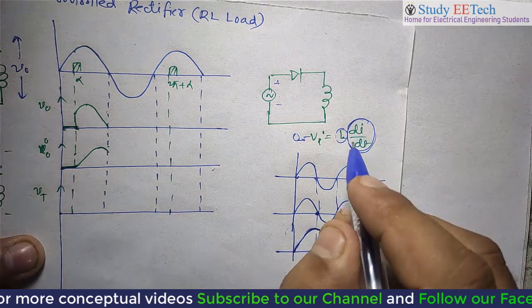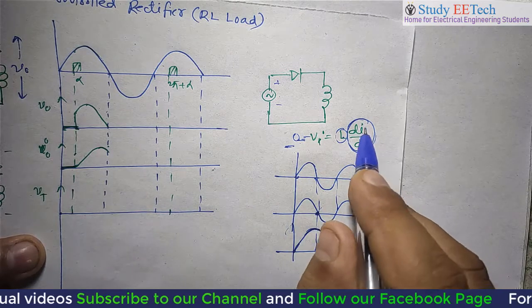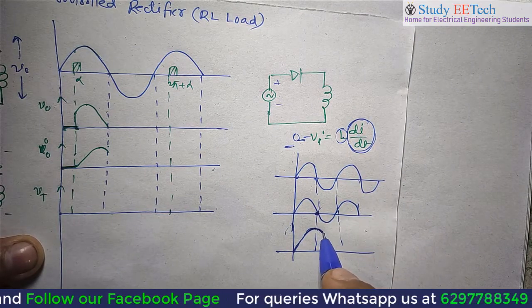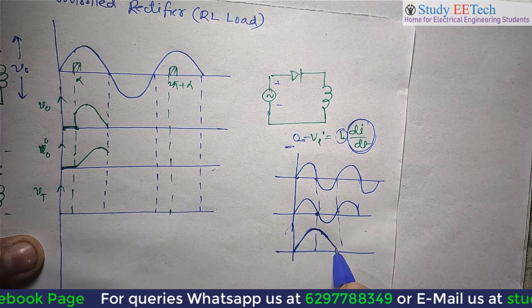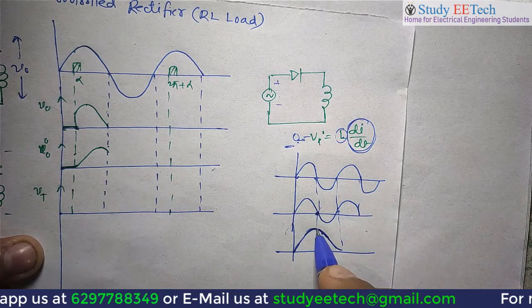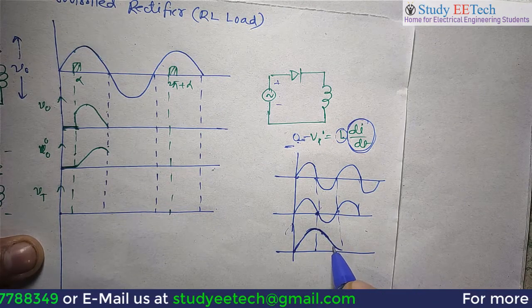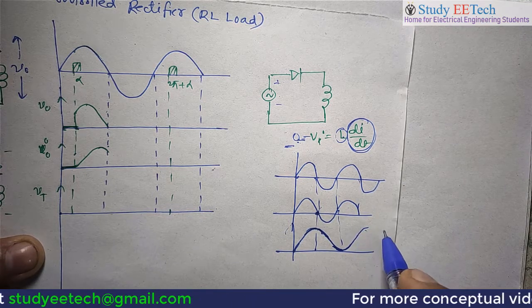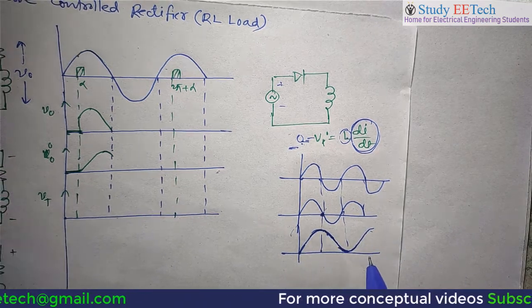Right after this point pi, the voltage becomes negative, so the current should decrease, and again at the point 2 pi the voltage is 0, so the decreasing current will reach the negative peak. This will be the profile of the current.